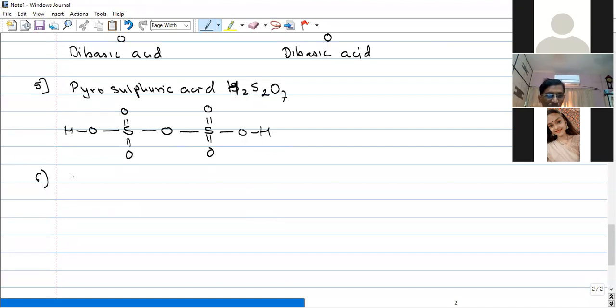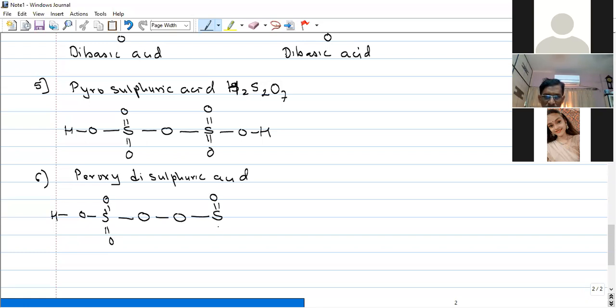Six, peroxydisulfuric acid. Similar to the one above, with a slight difference. O, O, S, O, O, OH.